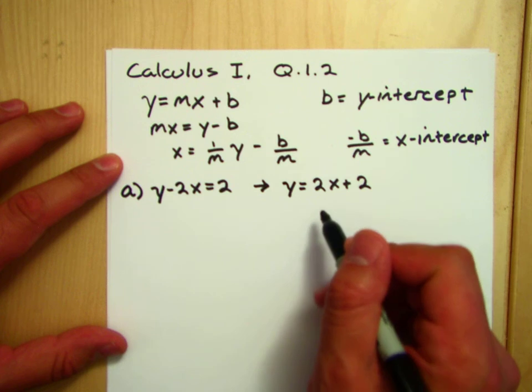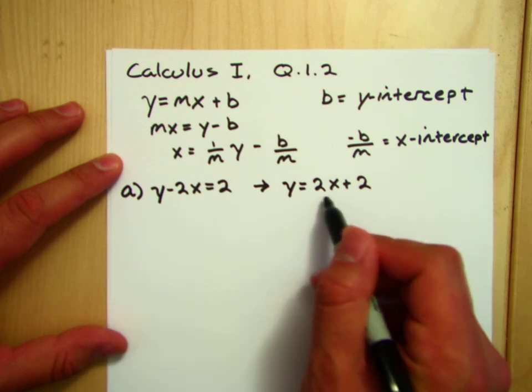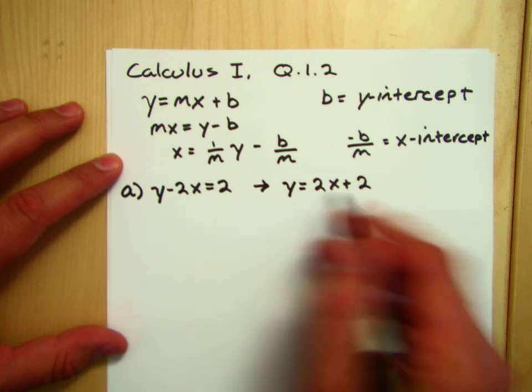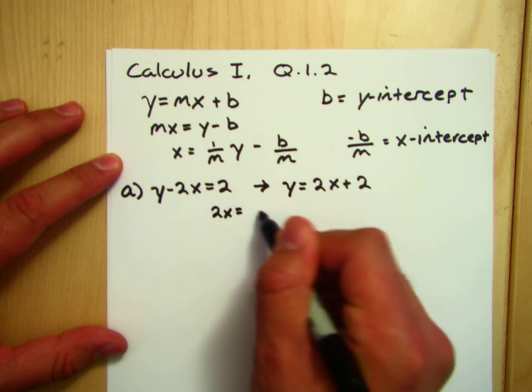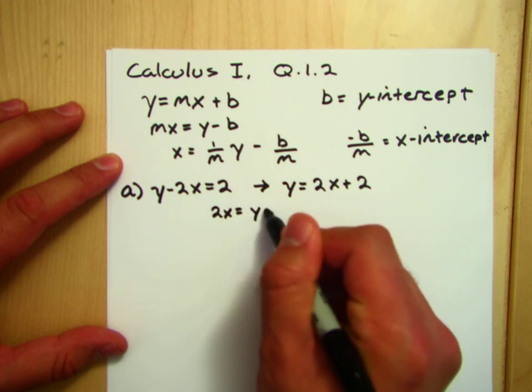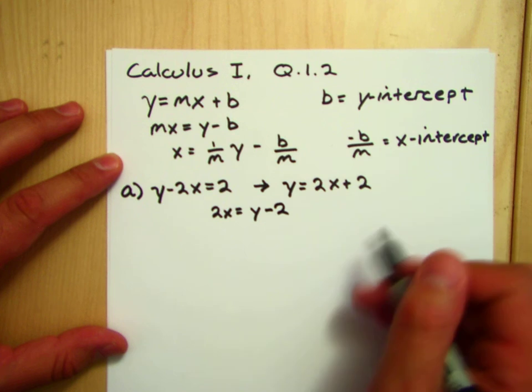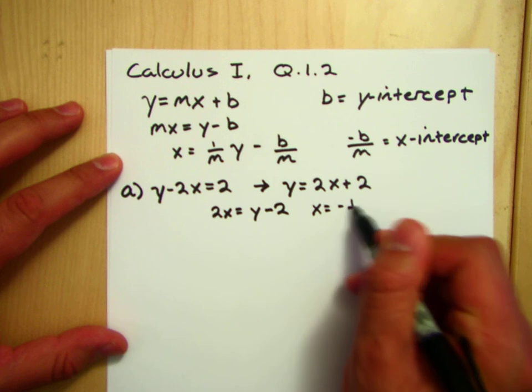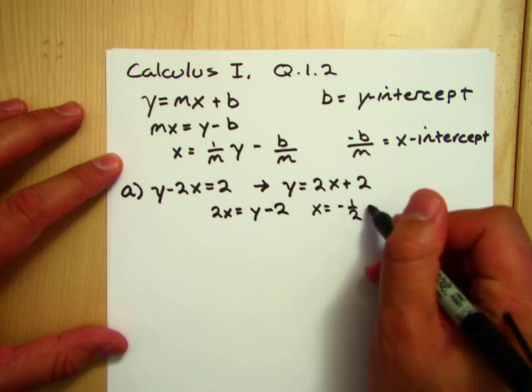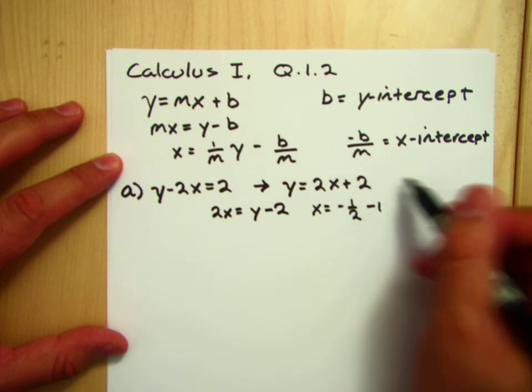Now if we actually solve for x, let's say we subtract 2 from both sides, so we get 2x is equal to y minus 2. And then dividing by 2, we get x is equal to 1/2 y minus 1.